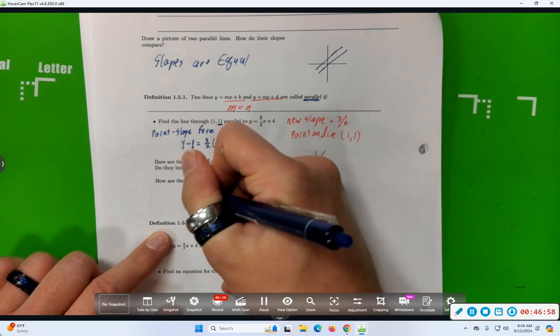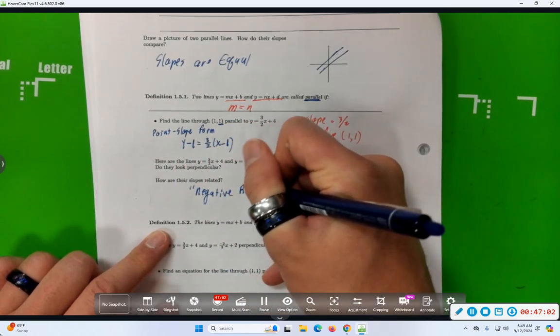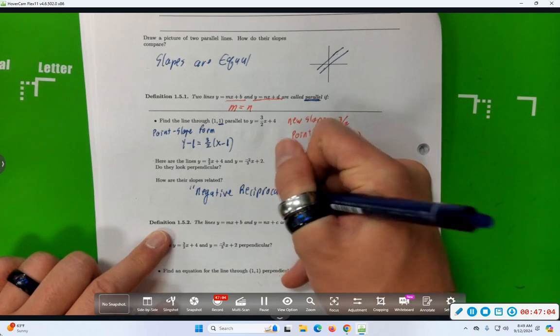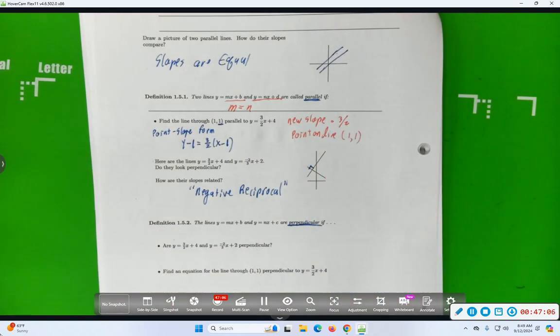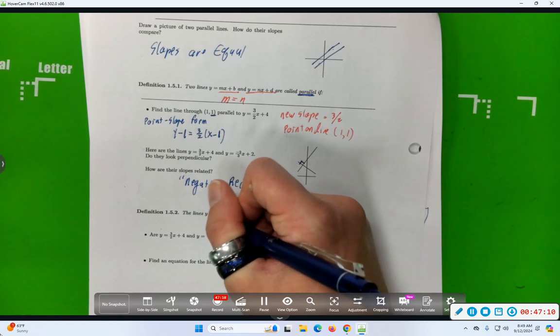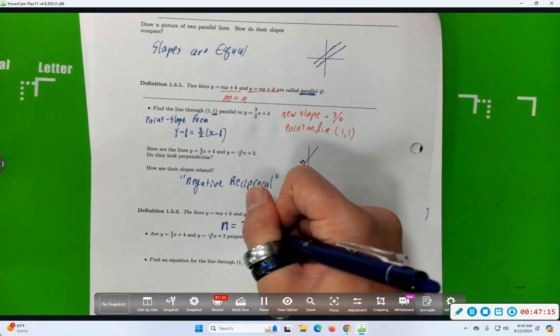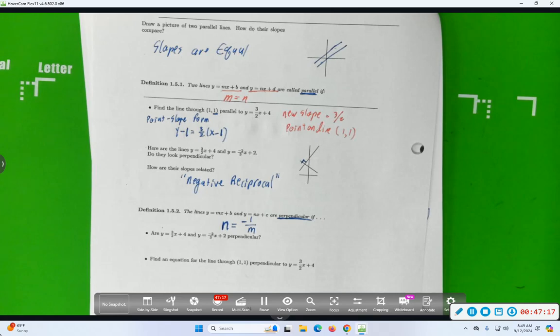I'll put this in quotes, negative reciprocal. Reciprocal is a nice word, but ultimately all that means is one of these lines has slope equal to negative 1 over the slope of the other one. One is the multiplicative inverse. So let's use that.